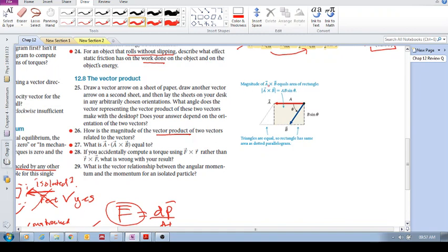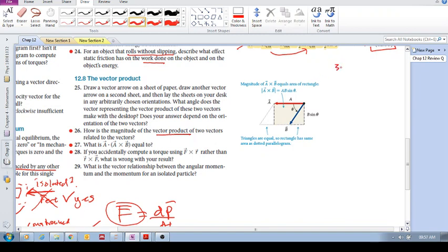Right? So the magnitude of A cross B equals that. So this is just the mathematical side. That's the magnitude. Remember, you still need a direction, because the vector product means when you multiply the two vectors, out comes a vector.